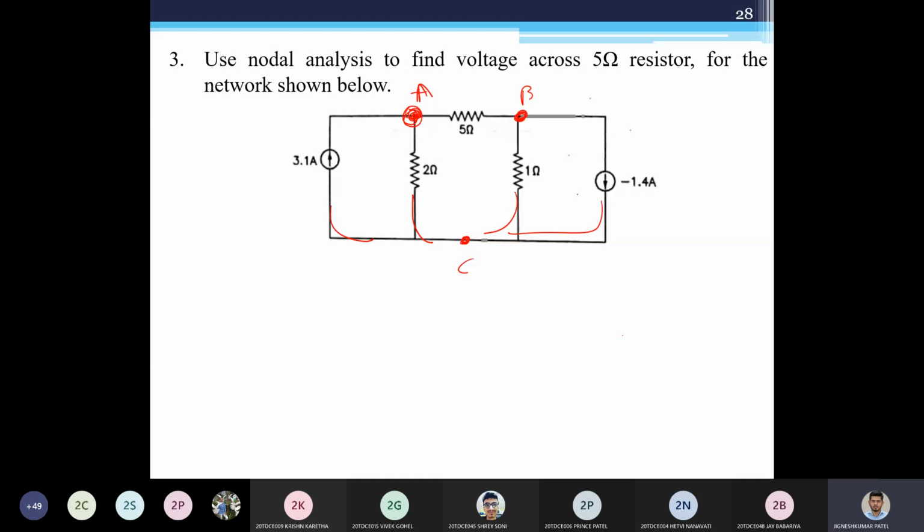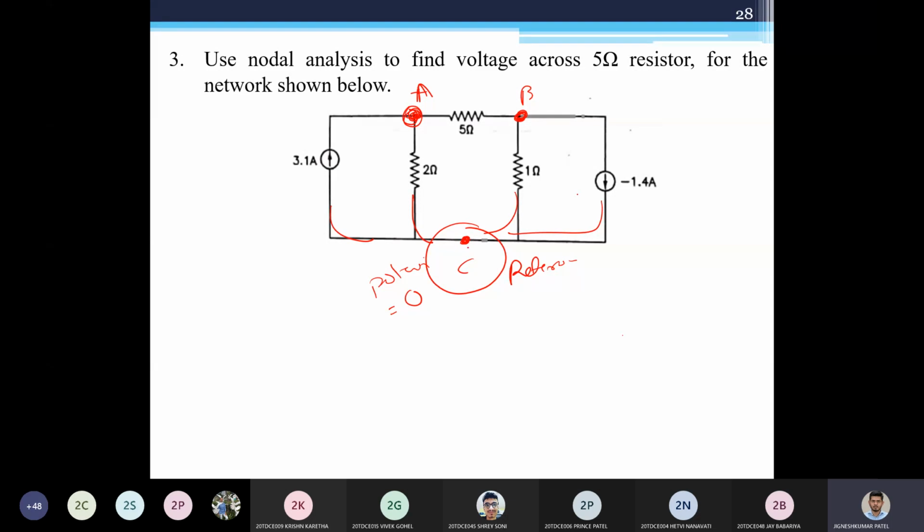So I'm going to consider this point as a reference point, and I'll assume the potential at this point is 0. Okay, the voltage at this point is 0, and if you look at this circuit, generally you will get this as 0 potential only. Why? Because the current is going in this direction. So this is my reference node, and I'm not going to apply KCL at this point.